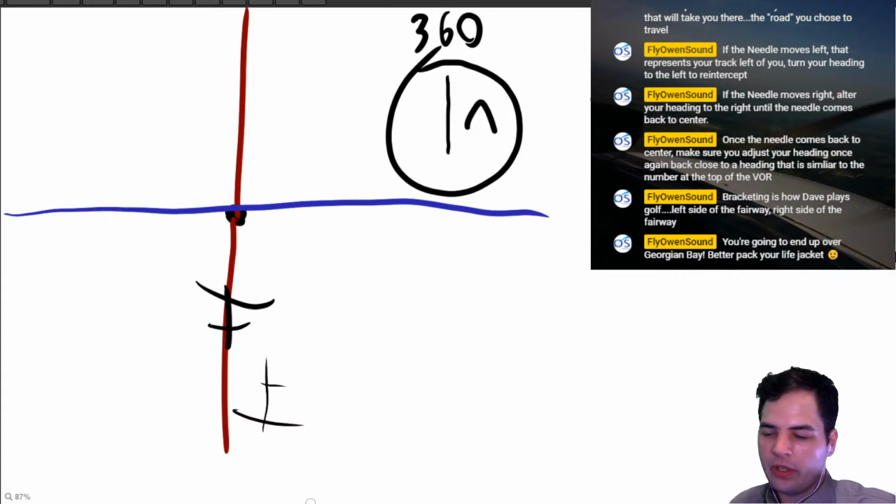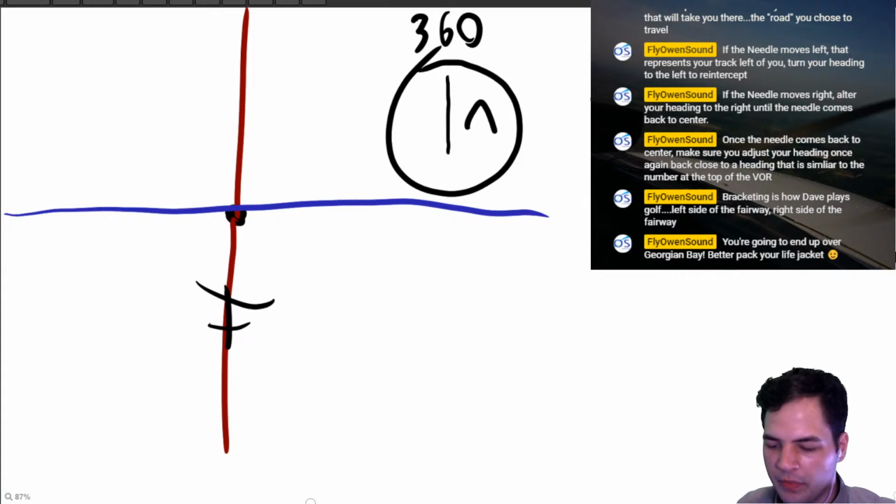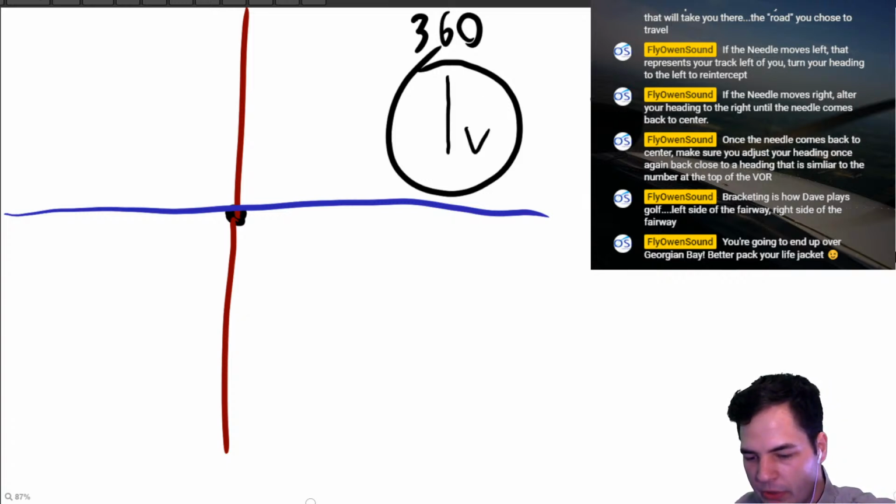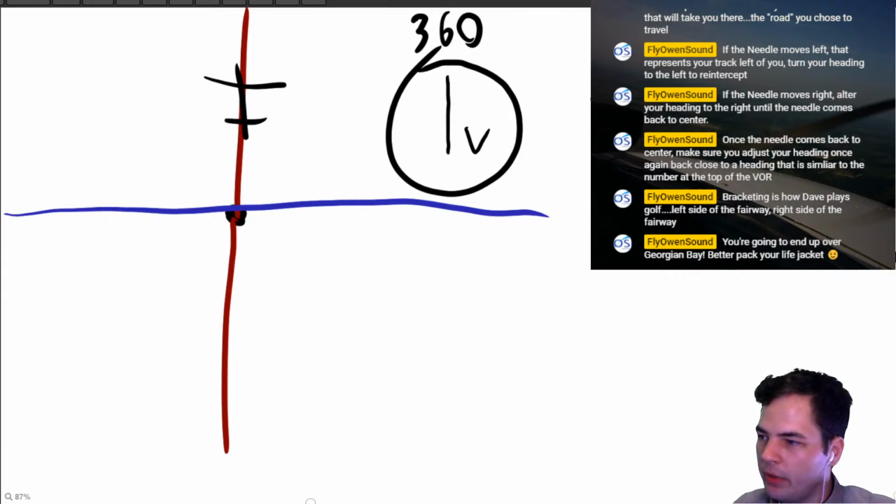So pretend I'm always flying the heading at the top, whatever you have to do to visualize it, but know that the actual aircraft heading doesn't matter. Okay, so that makes sense. If we had a from indication, that means we are north of that line, and flying further 360 would take you from the VOR.